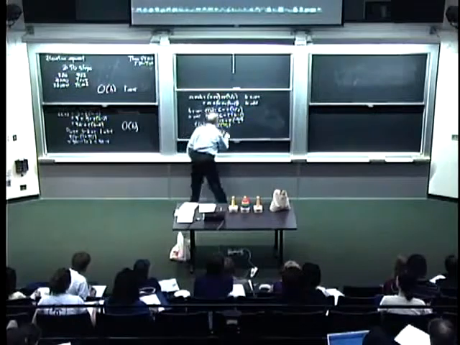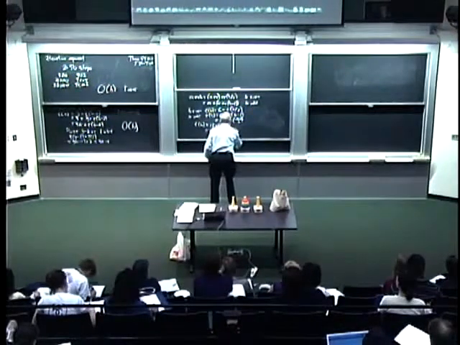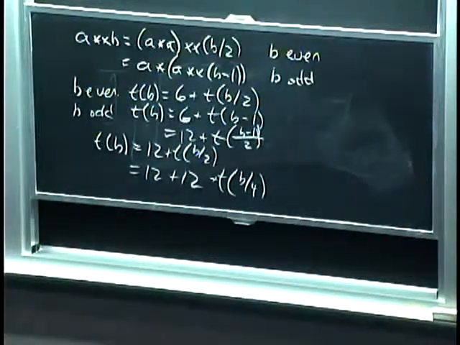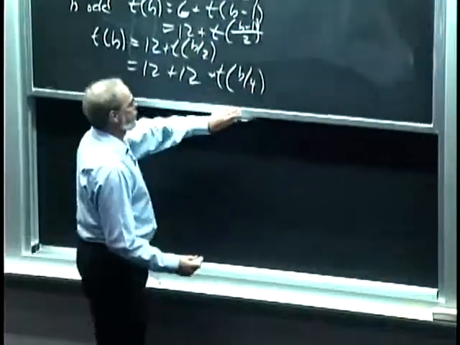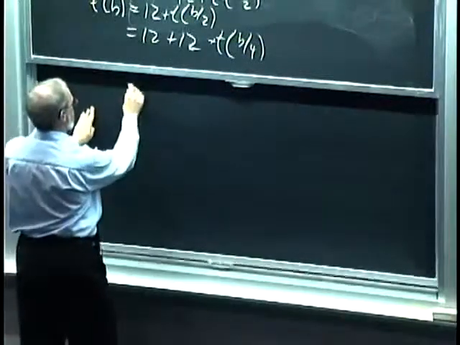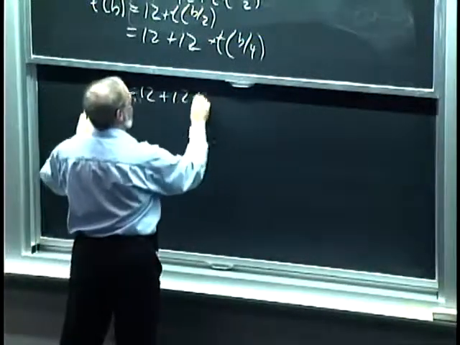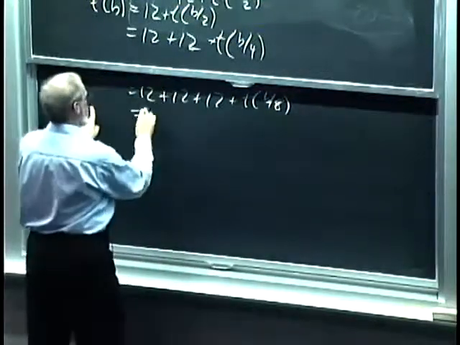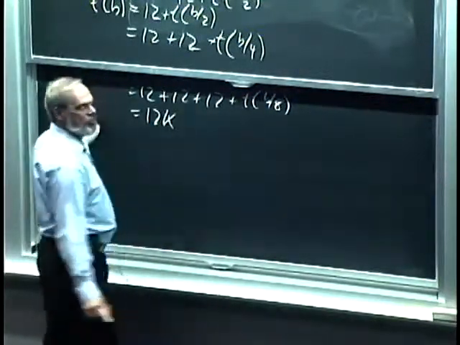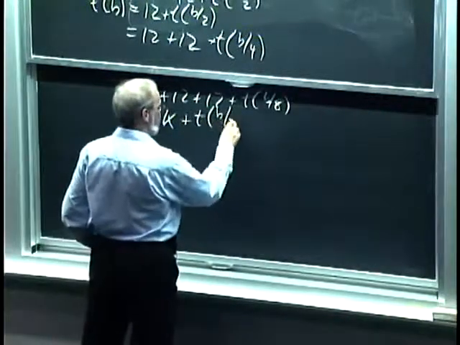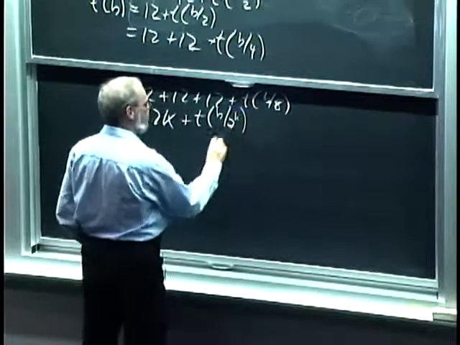Well, that then says after another 12 steps, I'm down to problem size b over 4. And if I pull it out one more level, it's 12 plus t of b over 8, which in general is going to be, after k steps, 12k, because I'll have 12 of those to add up, plus t of b over 2 to the k.